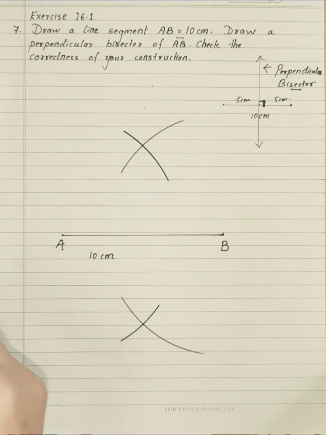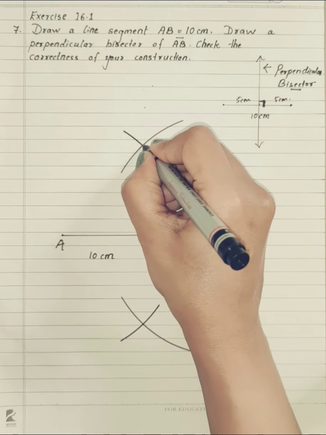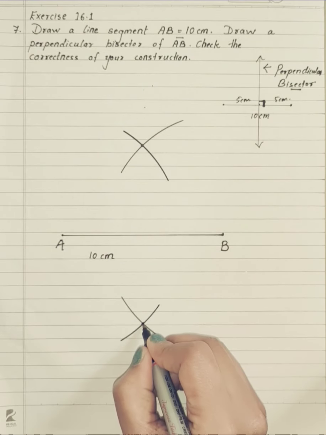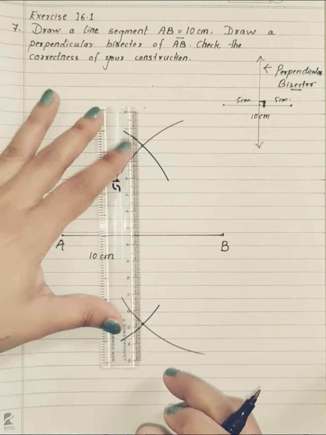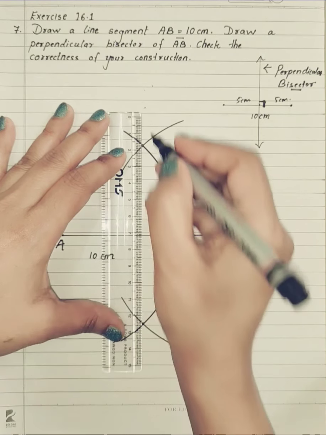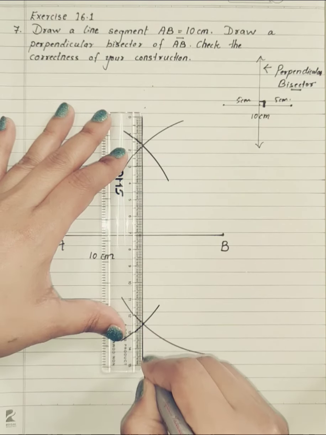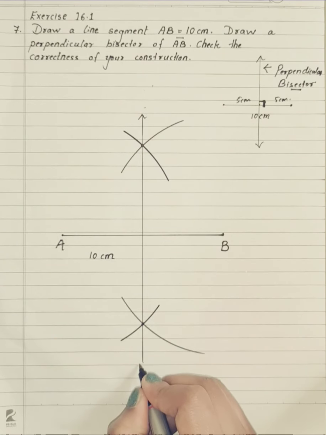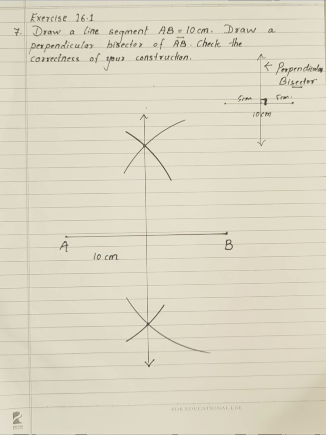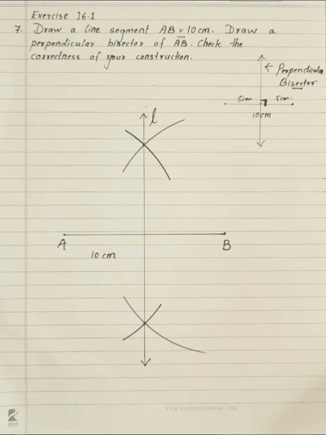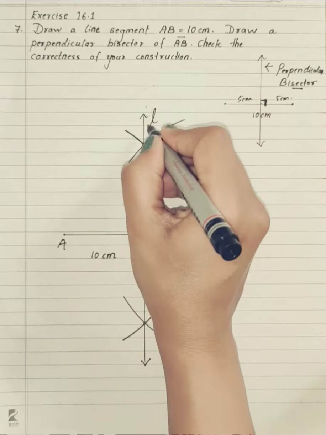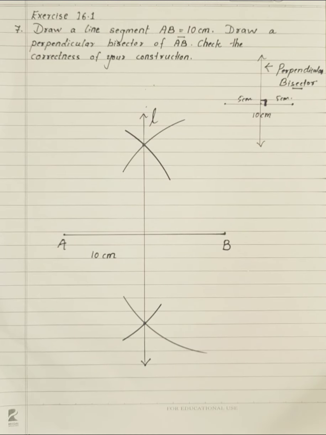Okay, now join these 2 points. Okay, and now name this line as line L. You can give any name because it's not given in your question. So I'll name it line L.